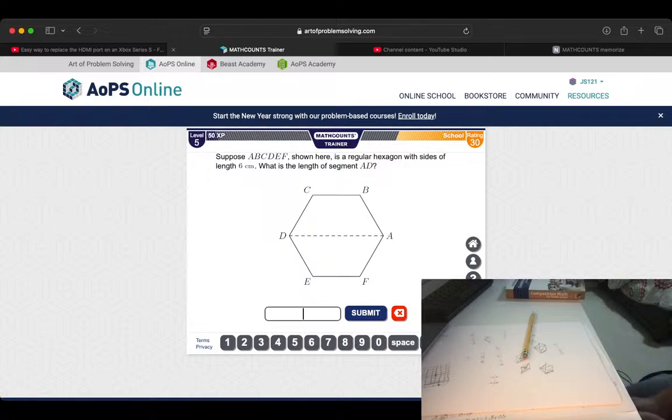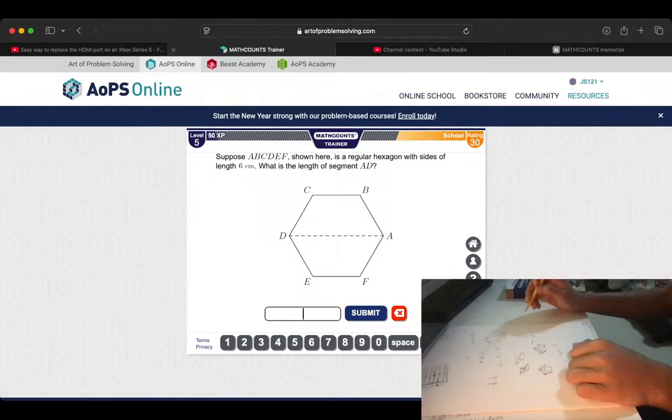So I feel like I can see the missing side here. Okay, regular hexagon.